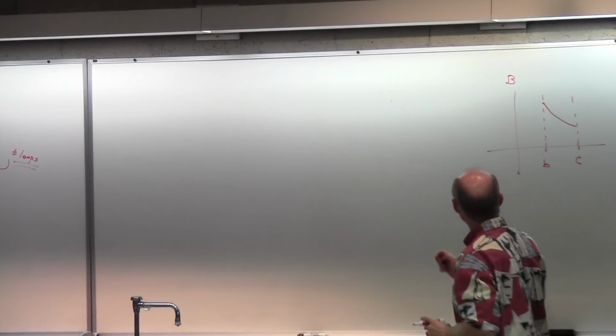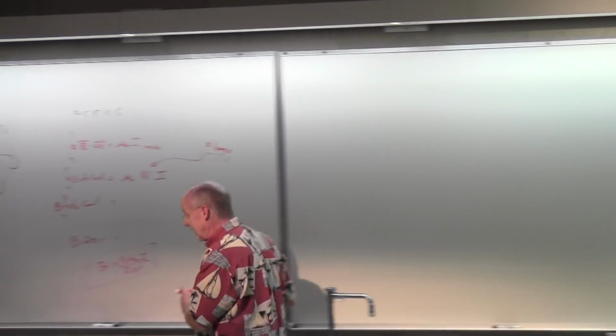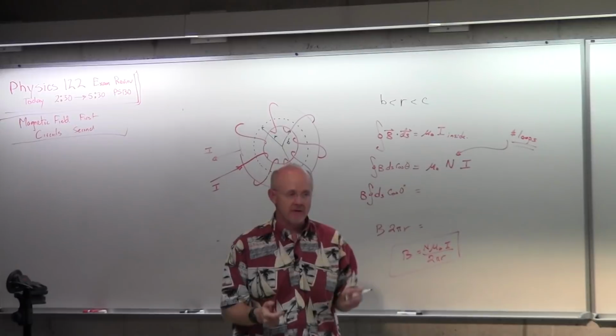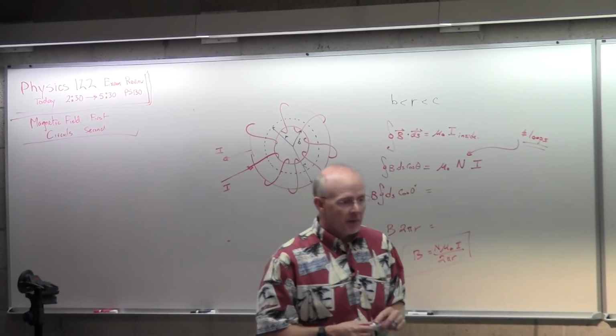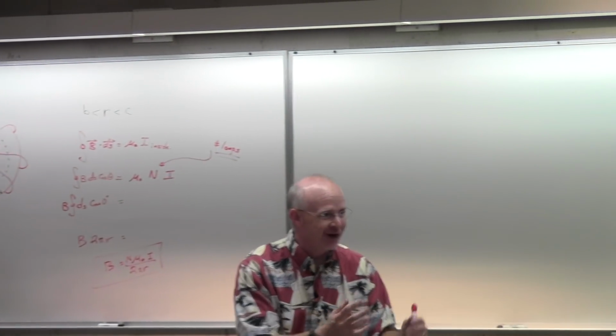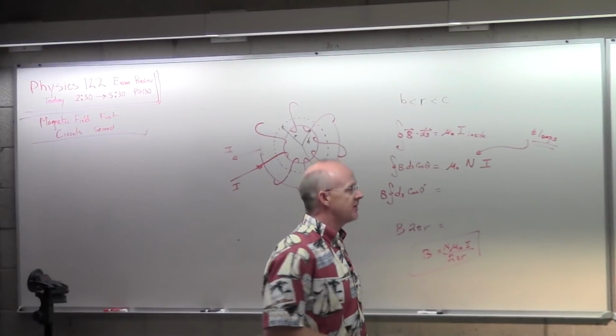And so I see that I get a field that is not uniform, which is kind of the bad thing about the toroid. But the good thing is I see it is really strong. But I do see it changes within that toroid.